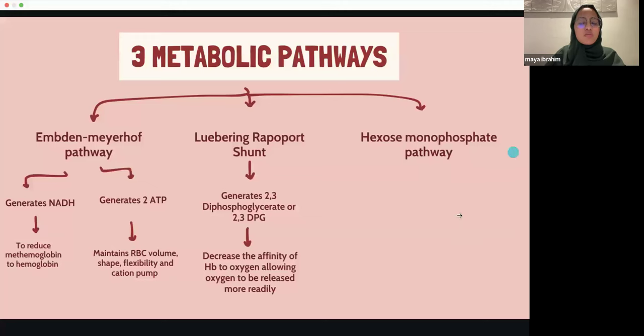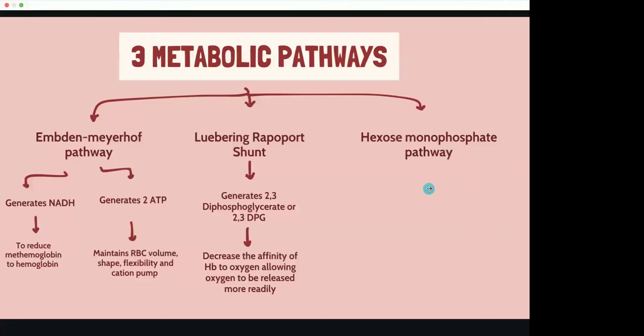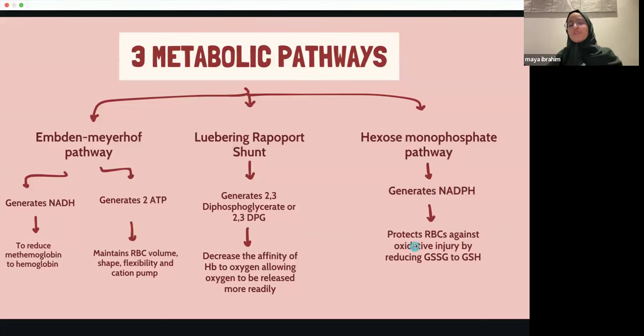What does this one do? This generates NADPH through G6PD, and NADPH reduces GSSG to GSH, and GSH is needed to neutralize the reactive oxygen species. Correct. Thank you.